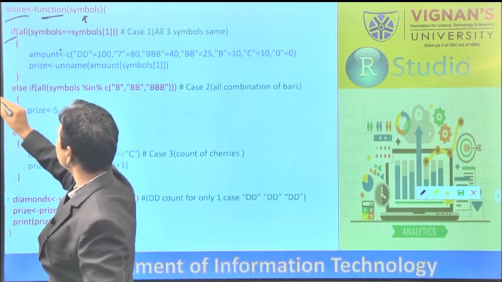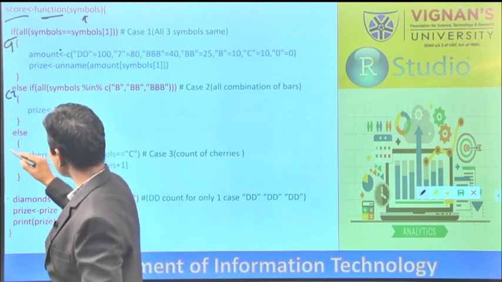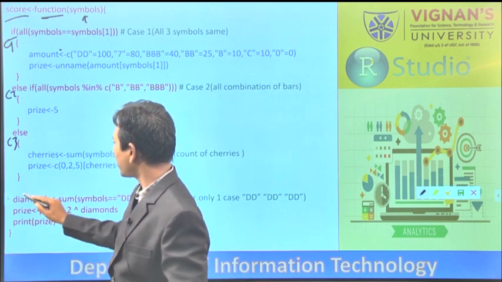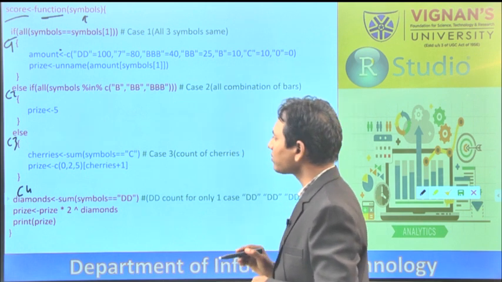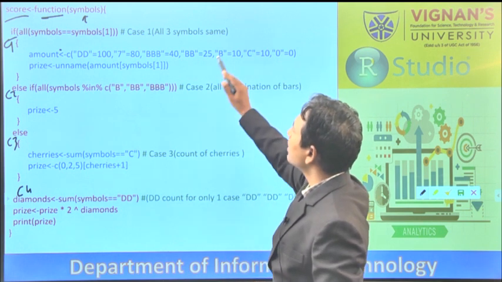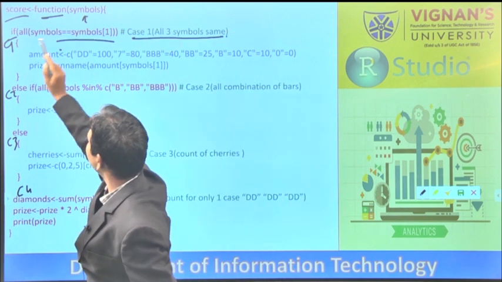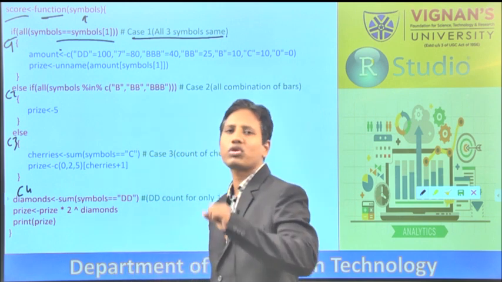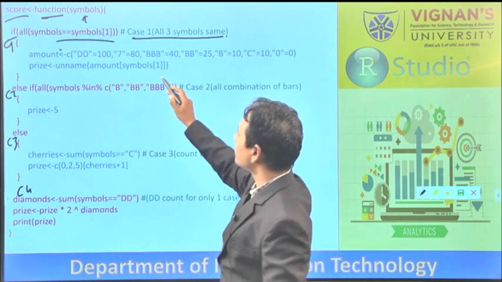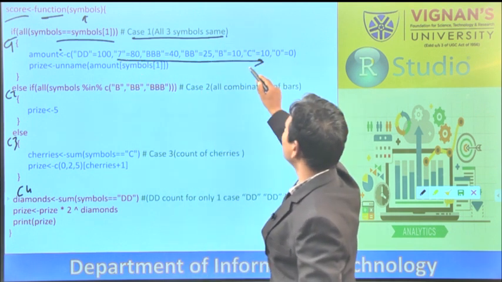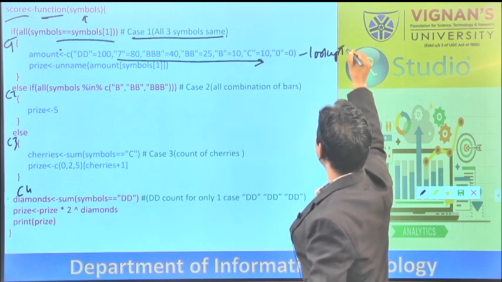This is case 1, this is case 2, case 3, and this is case 4. In the first case, it is checking whether the symbols are all the same or not. If all symbols are the same, the prize amount is looked up from this lookup table. This we are calling the lookup table.